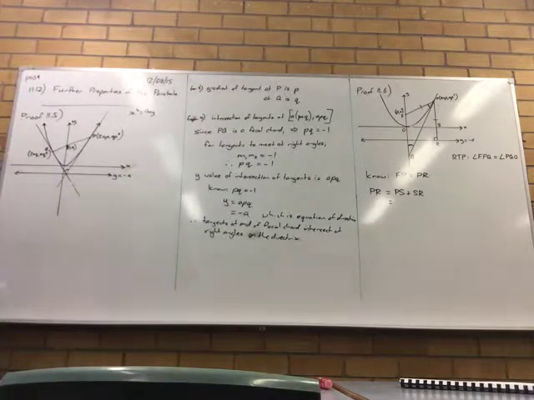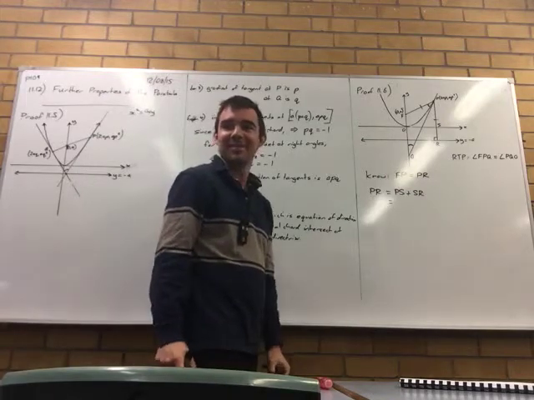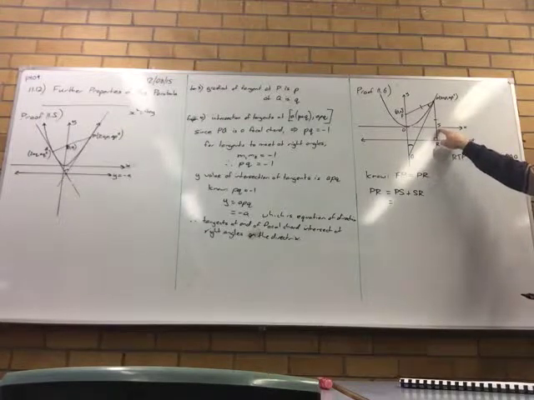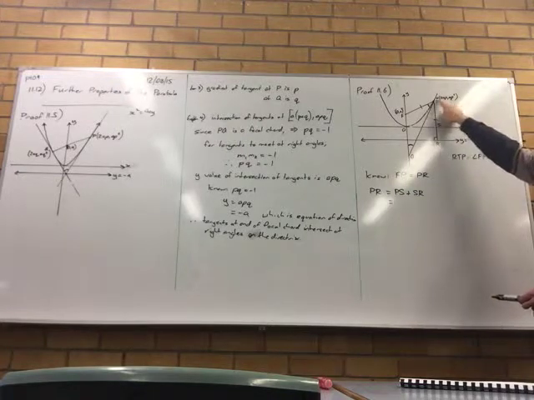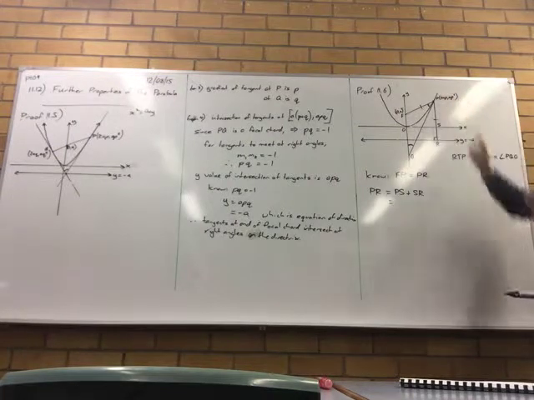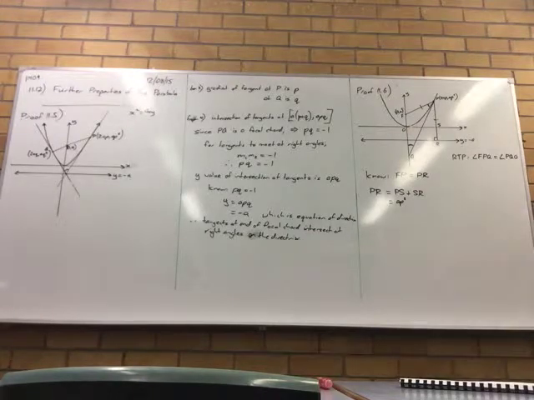How long is the interval PS? Good. PS, so S is on the x-axis, so the y value is 0, and the y value for the point up here is AP squared. So that take away 0 is AP squared, in other words, the length of that interval PS. Right, how long is SR?